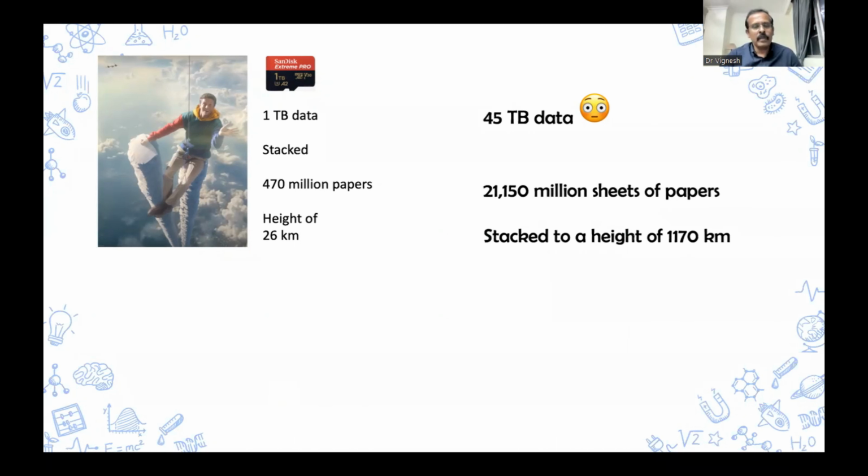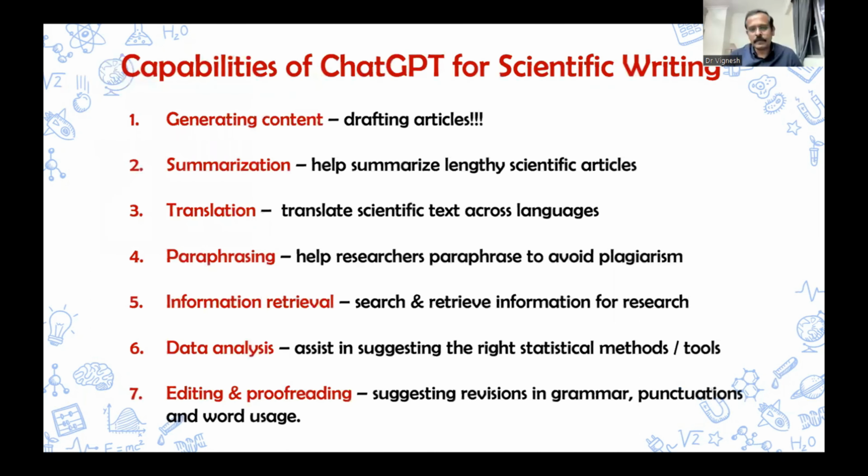Just imagine, 45 terabytes of text data is enormous, and ChatGPT has been trained on that. Based on those learnings, it has become so intelligent, and that is why it is able to converse with us in a more humanized tone.